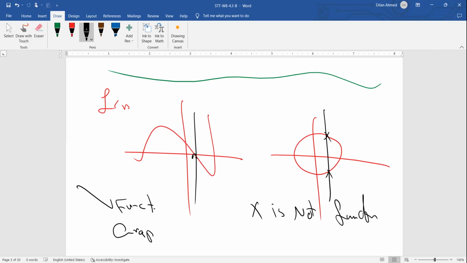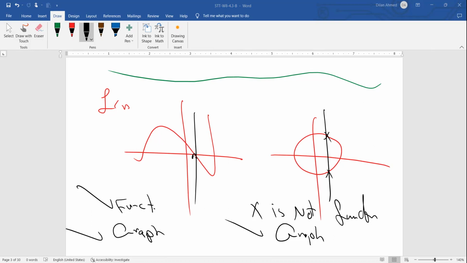The graph means the shape, the figure. But the function is the mathematical thing, and you should use the vertical line test to check it. Understood?